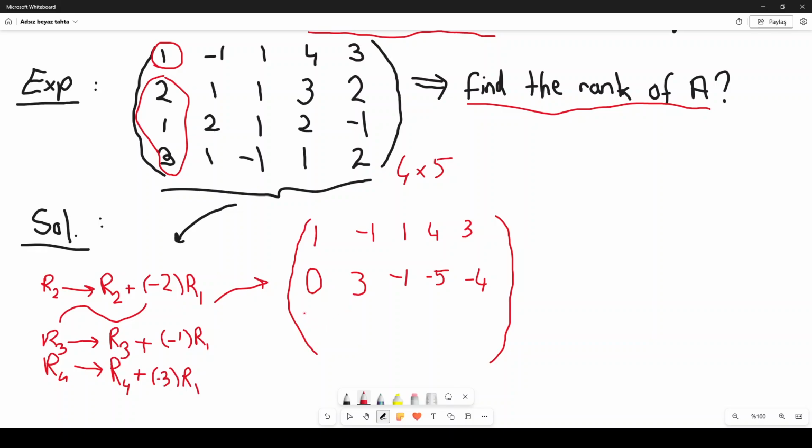And for the third row, our new values are 0, 3, 0, minus 2, and minus 4. And for the fourth row, I obtained the values 0, 4, minus 4, minus 11, and minus 7.